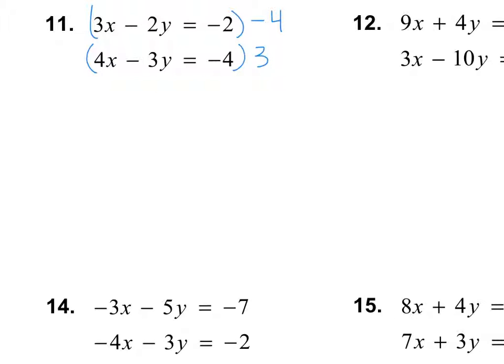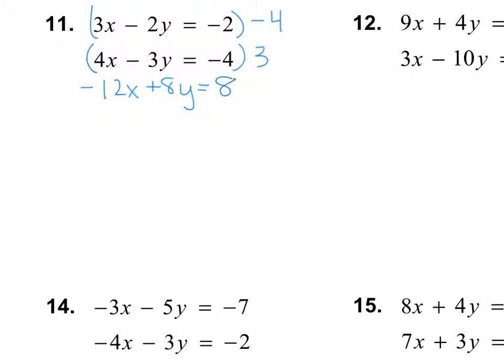And here's what happens when we do that. -4 times 3 is a -12x. -4 times -2 is a positive 8y. So we put plus 8y equals, and then -4 times -2 is a positive 8.